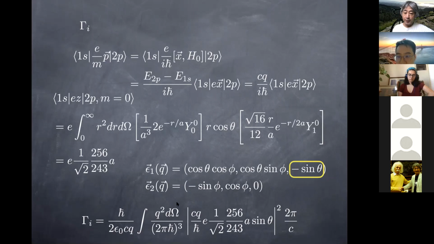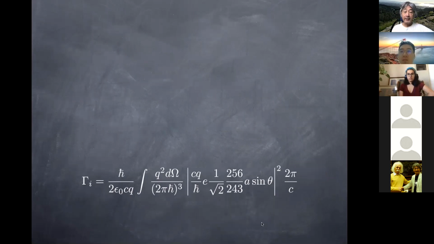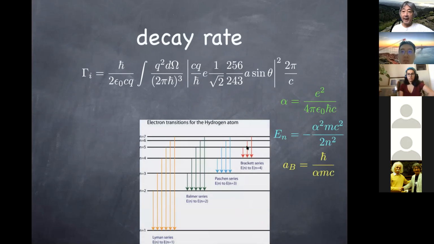But anyways, I do the angular integral now to get the final result of the total decay rate of the 2p state. And it's a very simple integral over theta. And again, I use the expressions I used before to write everything in terms of alpha to get a simple expression at the end of the day.